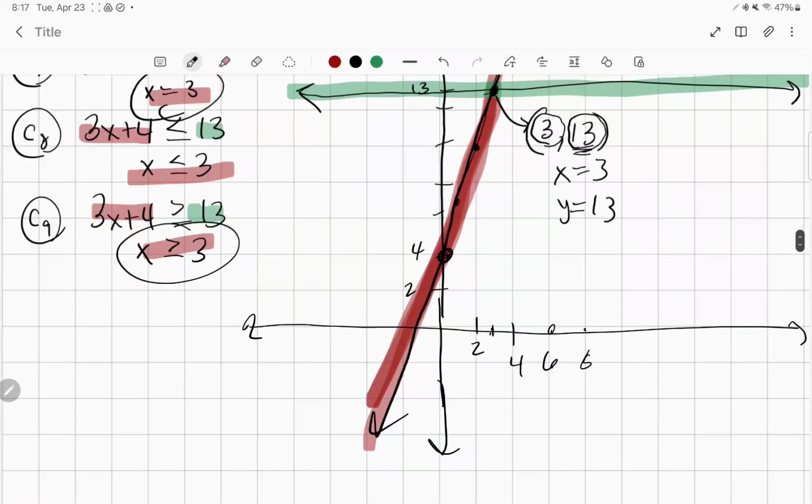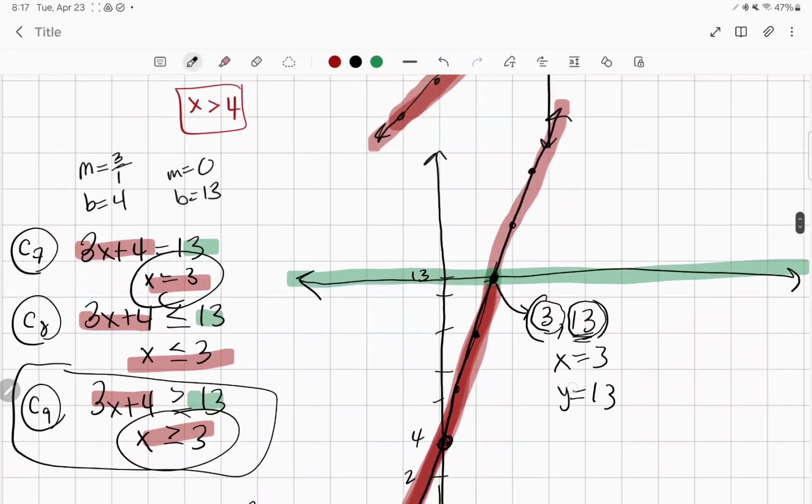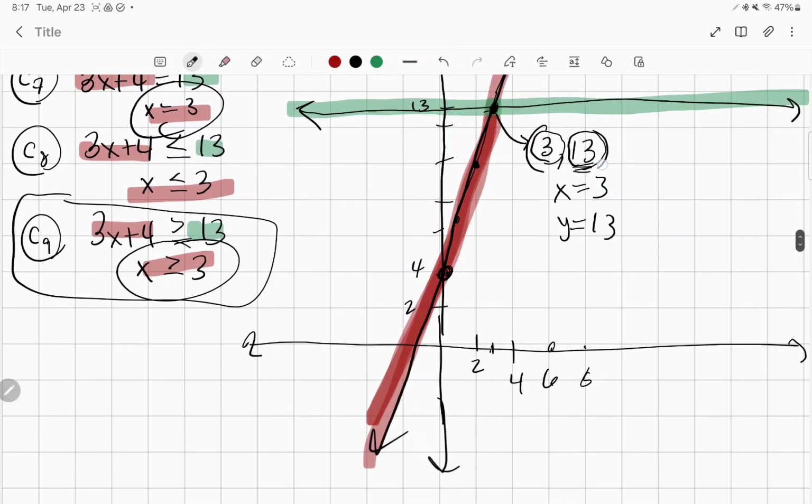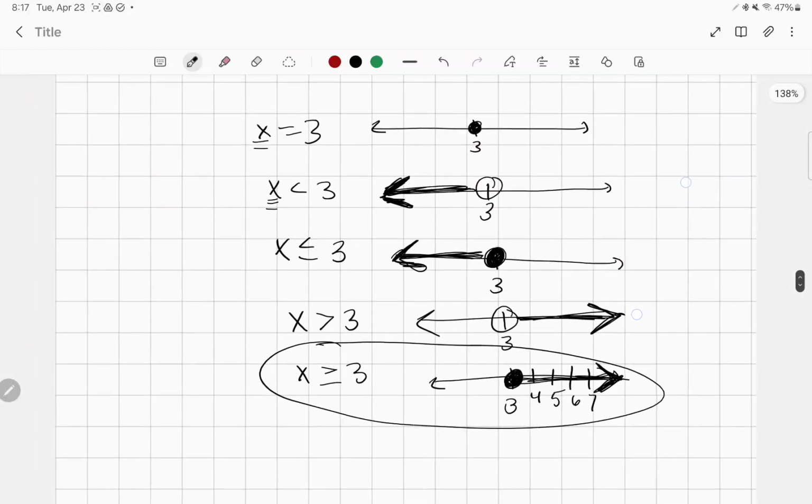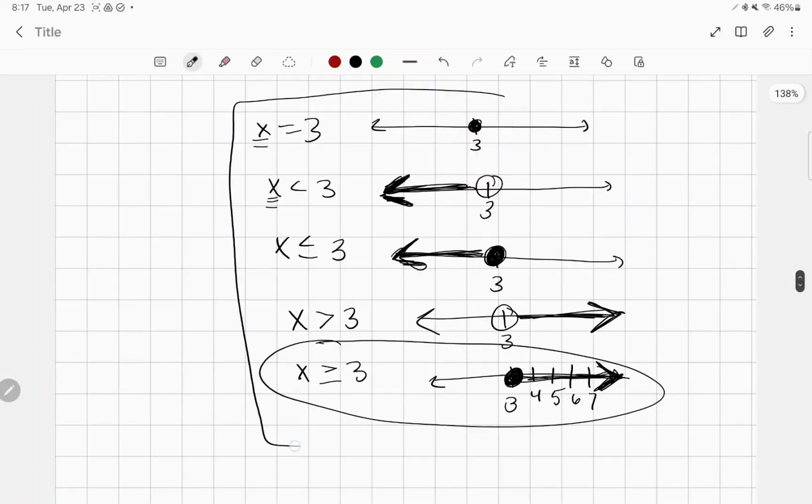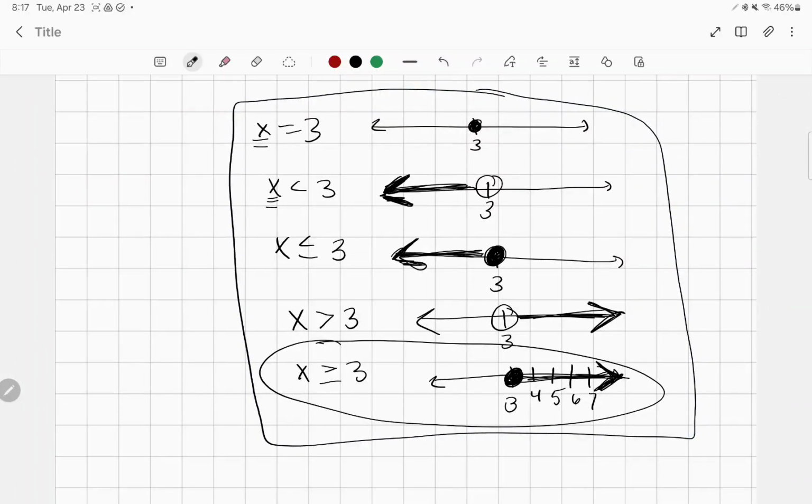And if we look up here on part 9, it's asking when is the red graph larger than the green graph? Well, the red graph is higher than the green graph at x equals 5, 6, 7, 8. So all of these values of x are to the right of 3. So here we have graphs of all of our possible solutions, right?